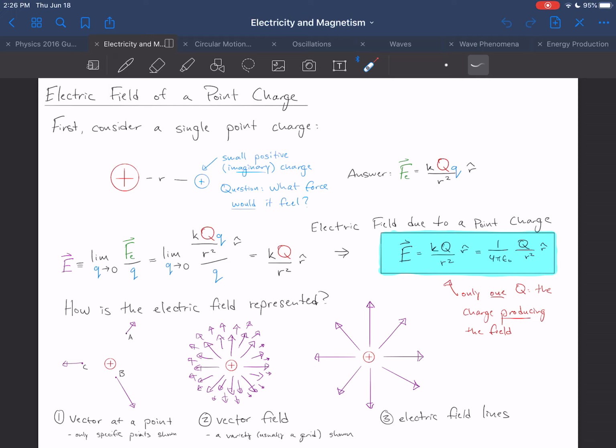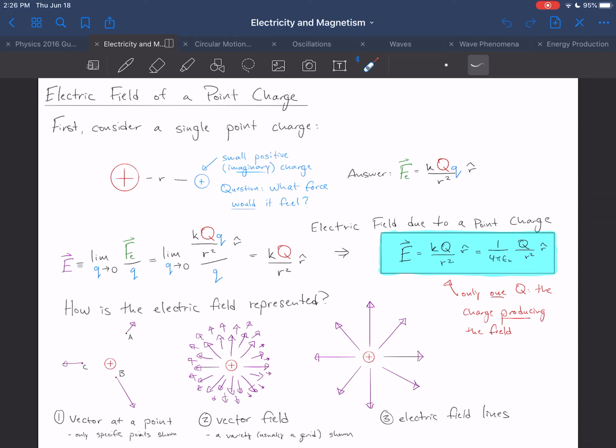This is a representation, roughly shown, that tries to better represent the fact that this is a vector field, that there is literally a magnitude and a direction calculated with this formula for every point in space around that positive charge. We could do that infinitely. Now, of course, you can't draw infinite arrows, and even if you could, it probably wouldn't be very revealing.